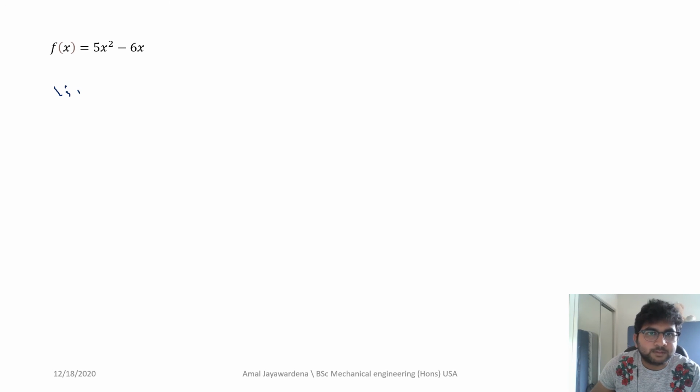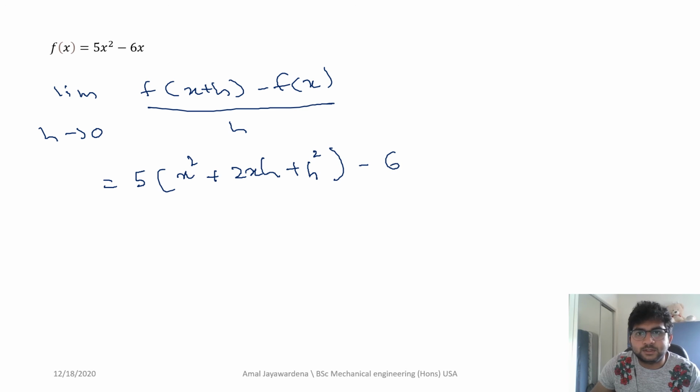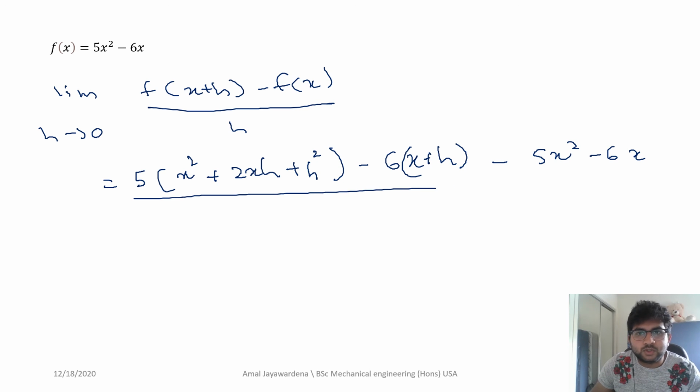Okay, so let's apply the principle here too. As h goes to 0, f(x plus h) minus f(x), divided by h. So 5x squared plus 2xh, I'm combining 3 steps so that it's easier, minus 6 times (x plus h), minus (5x squared minus 6x), and divided by h.